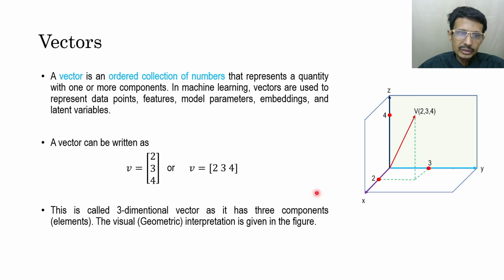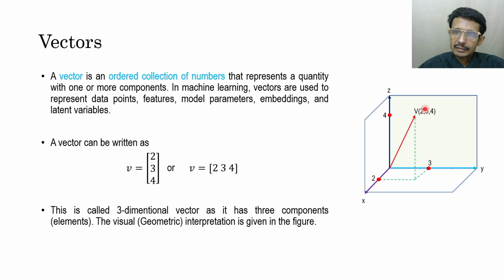Now, this is a three-dimensional vector, because you can understand the 3 dimensions. From our machine learning point of view, just for example, given a data point, let's say the measure of a cube: its height is 4 along the z-axis, its width is 2, and its length is 3.